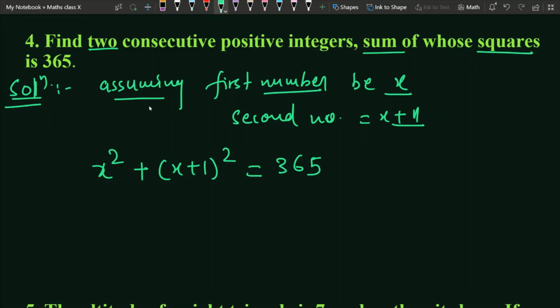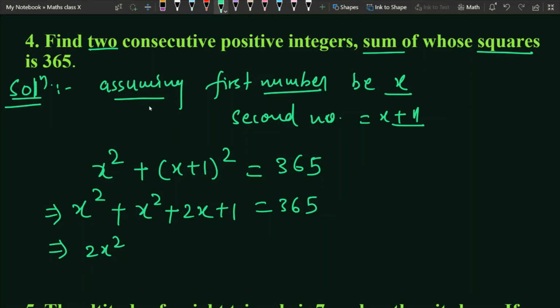Let us simplify this to a quadratic equation. (x plus 1) whole square means x square plus 2x plus 1. (a plus b) whole square, right? So a square plus 2ab plus b square, that will be this. x square plus x square, 2x square plus 2x plus 1 is equal to 365.